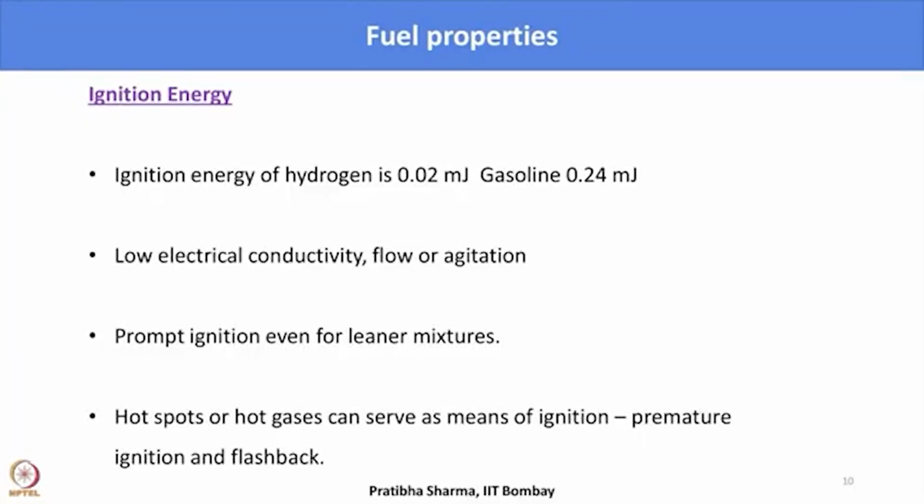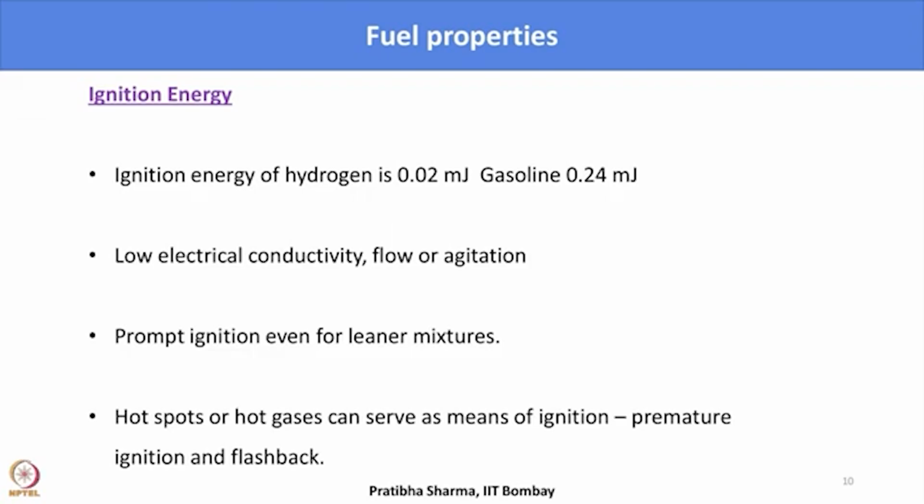Ignition energy is the minimum energy that is required to ignite a hydrogen and oxygen mixture under a given set of conditions. For hydrogen, this ignition energy is very low, 0.02 millijoule, which is an order of magnitude lower than that of gasoline. For gasoline, this value is 0.24 millijoule.